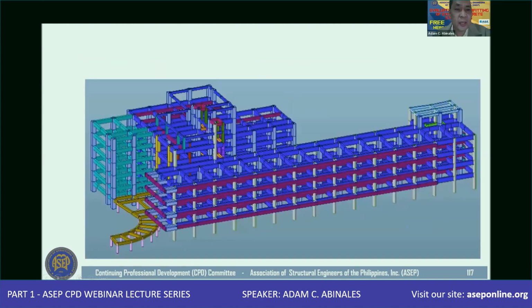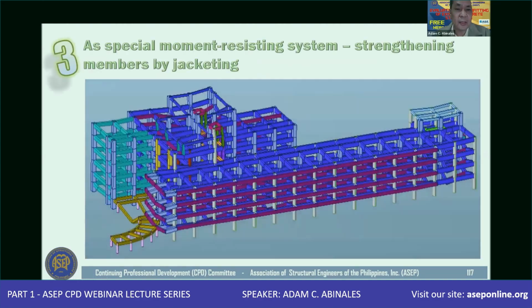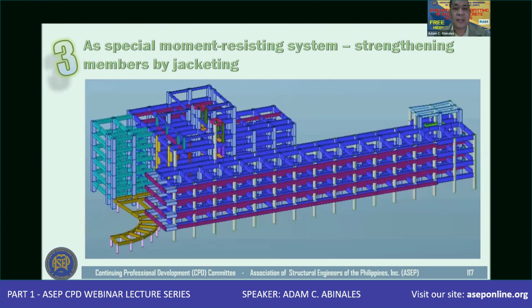And then the third scheme we presented is retaining it as a special moment resisting frame, because the existing building is supposed to be an SMRF system. Then the strengthening is of local members, doing the jacketing. It's a combination of concrete jacketing, steel jacketing, and fiber wrapping.